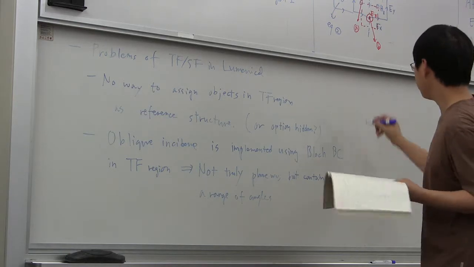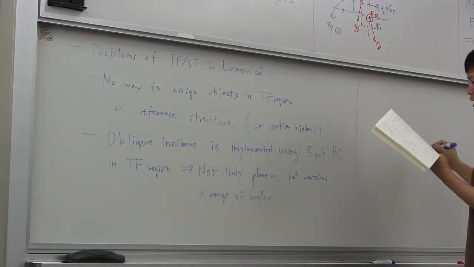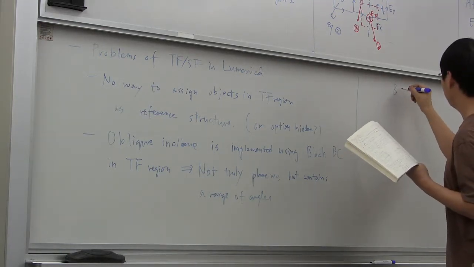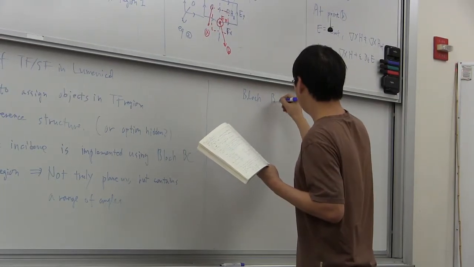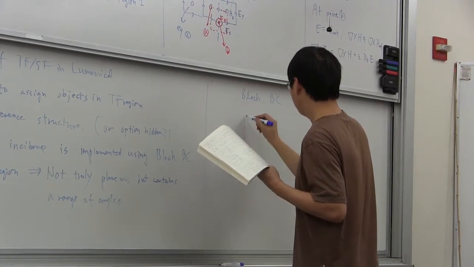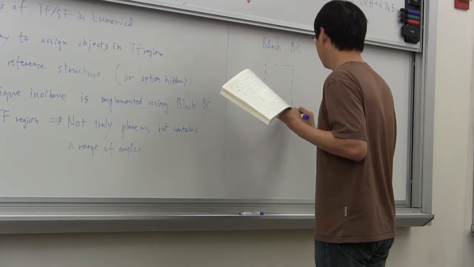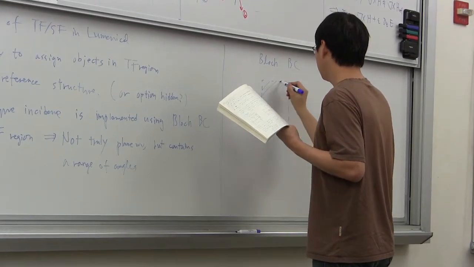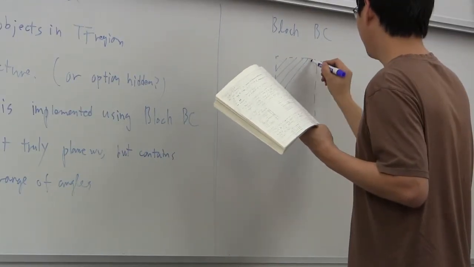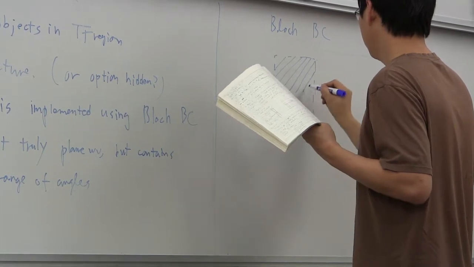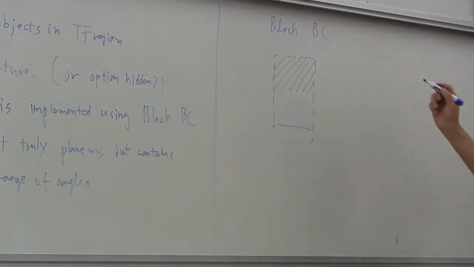So what I mean by that is, if the oblique incidence is implemented by Bloch boundary condition, you have this kind of field pattern.